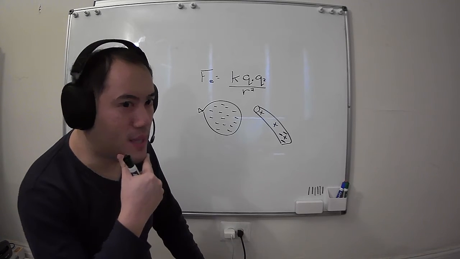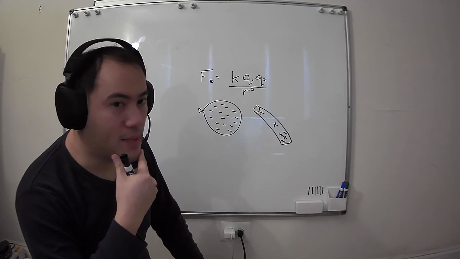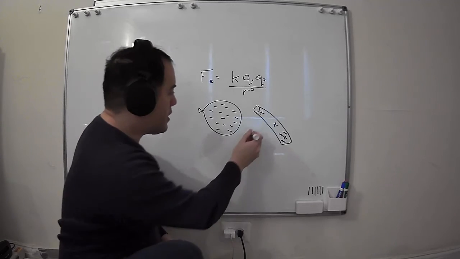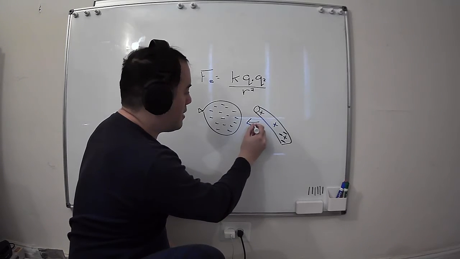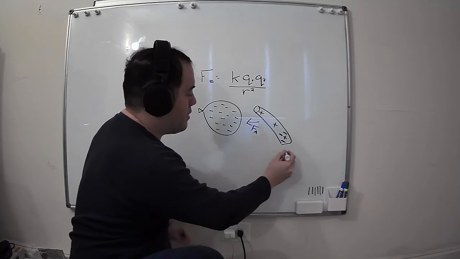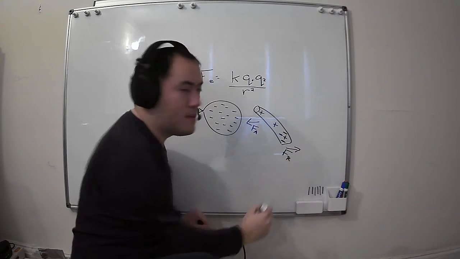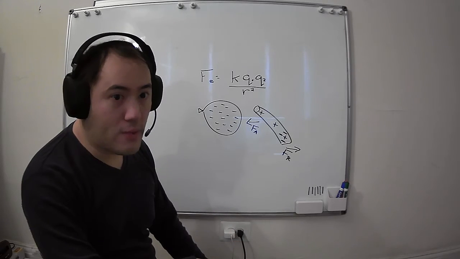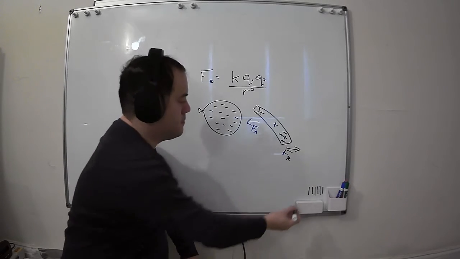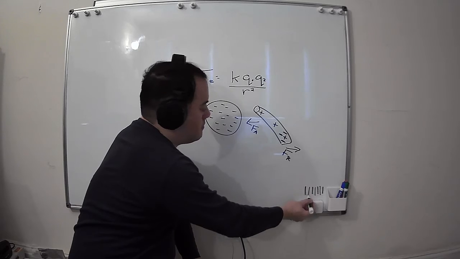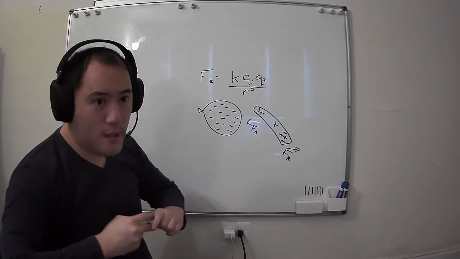But will the forces be the same? Will they cancel perfectly? Will the attraction on the left side and the repulsion on the right side be the same amount of force? They won't be the same.